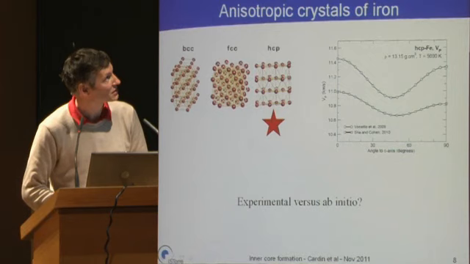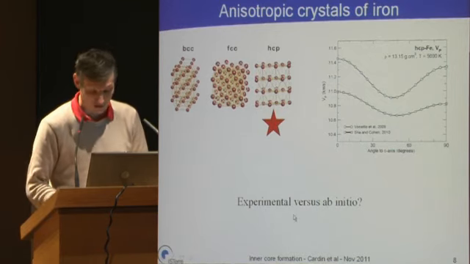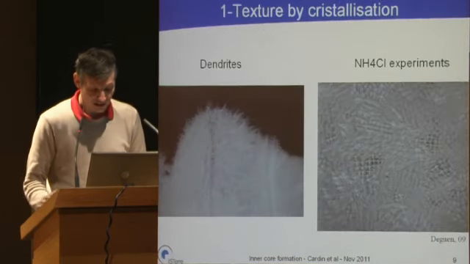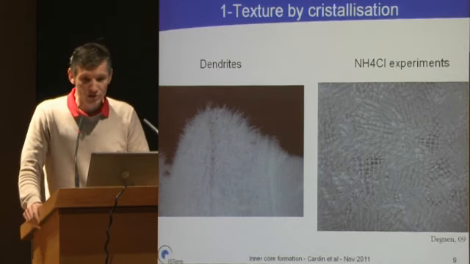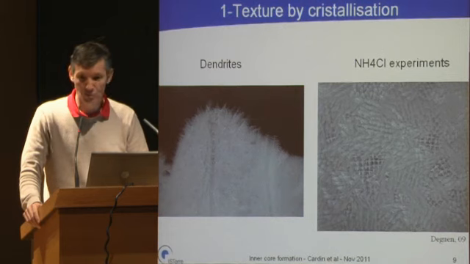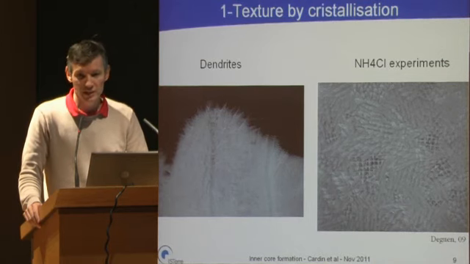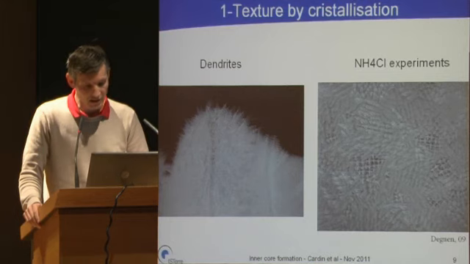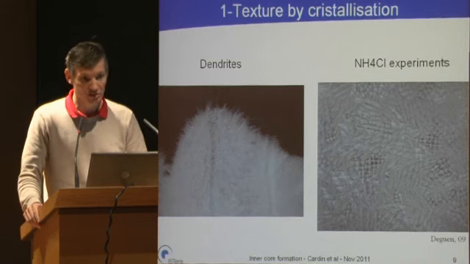And as it was said, HCP is favored, even if some questions are still present. But there are other ways, because as we know, the inner core presumably is not made of a monocrystal. So there are plenty of crystals, and we have to explain why the anisotropy emerged from the polycrystalline structure of the core. So there are two ways of making textures.